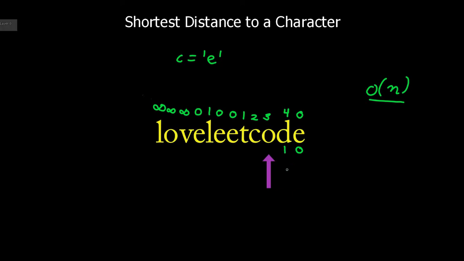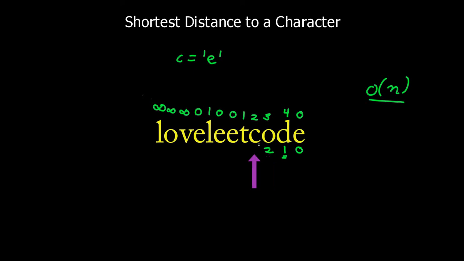Again we move to the left, and this time also we can see that O is 1 plus 1, that is 2 unit distance away from the required character E, and therefore I'll write 2 here, and the minimum of 3 and 2 is 2, therefore our answer will be 2.